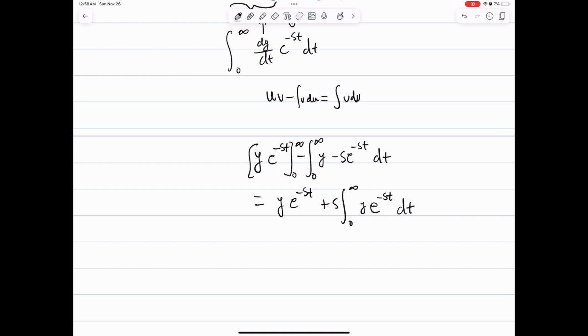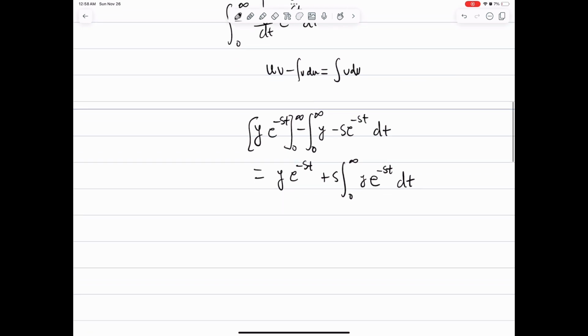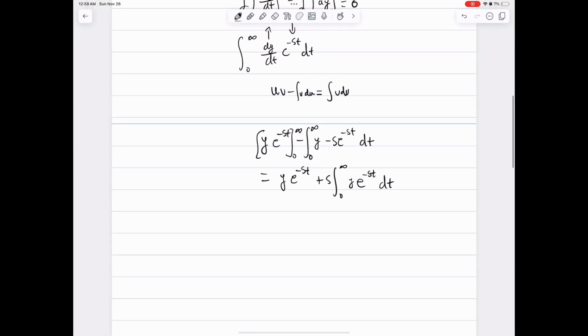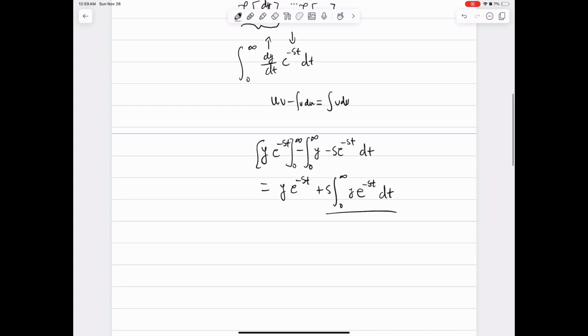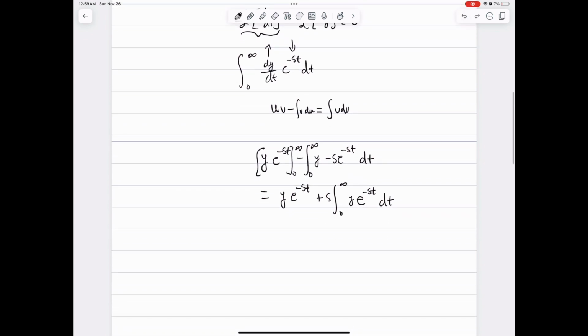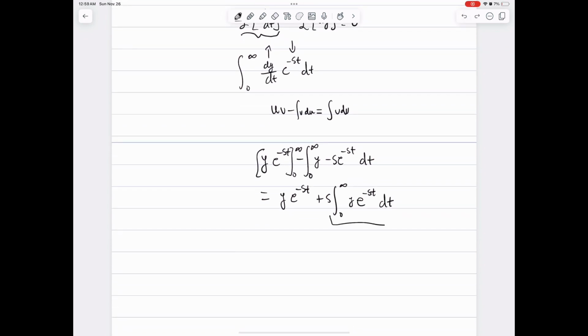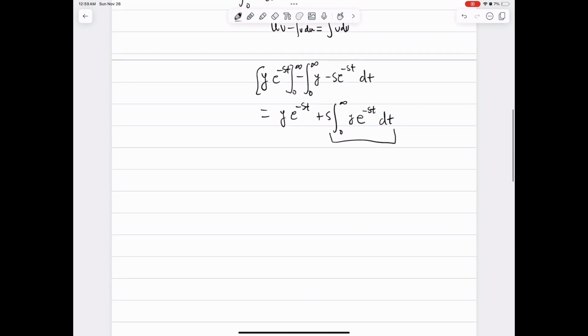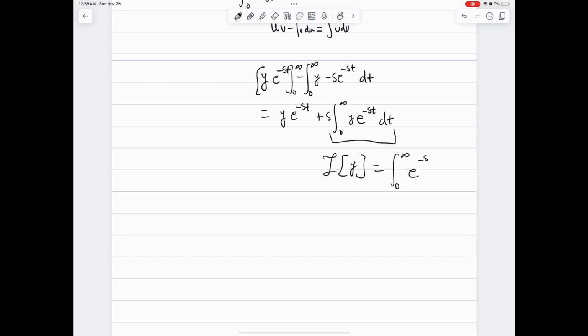You might think, oh, there's another integral for me to do here, but not quite. This is actually just the equation for the Laplace transform of some function y. If I were to tell you to take the Laplace transform of y, you would write this, and this is exactly what we have up here.